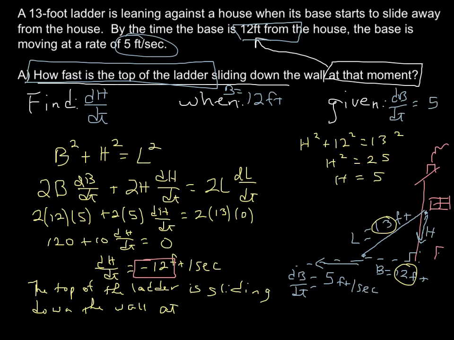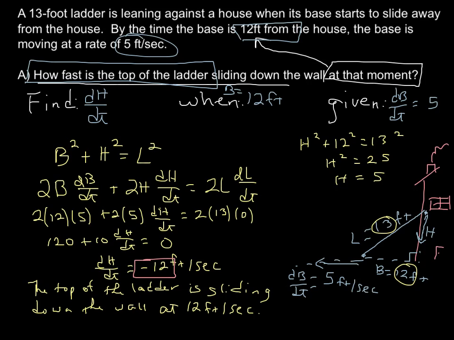So we're not going to say it's sliding down the wall at negative 12 feet per second, because that would be a double negative and would imply it's sliding up the wall, I guess. What we're going to say is that the top of the ladder is sliding down the wall at 12 feet per second. And we have shown in our work that we got a negative, and then we've interpreted it as sliding down the wall at 12 feet per second.